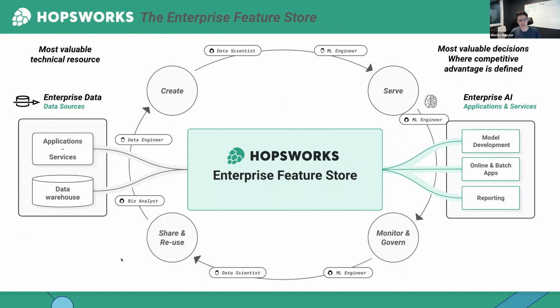The ideal goal is that for each of your data sources, you have essentially one feature engineering pipeline going into the feature store, but then you can have multiple models or multiple applications on the right side consuming the same features, so that you don't end up in this spaghetti pipeline situation where you have one pipeline for every feature and every model. Instead you have one pipeline for each data source, creating a bunch of features, and those features can be used in arbitrarily many models.